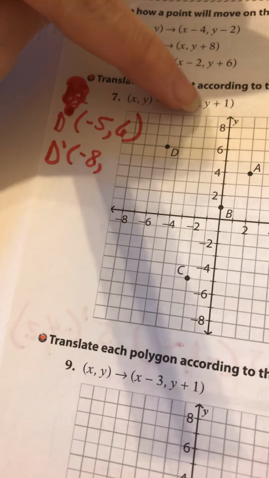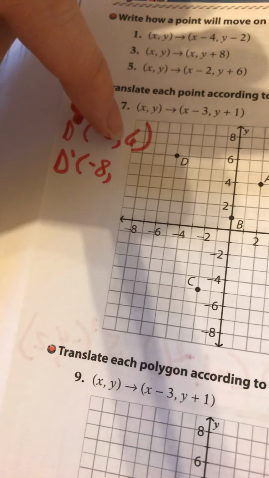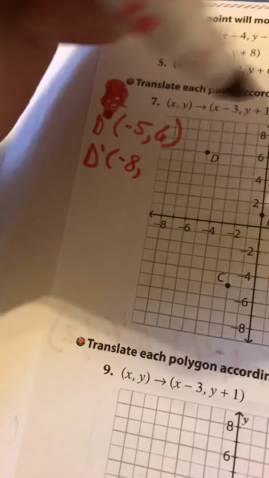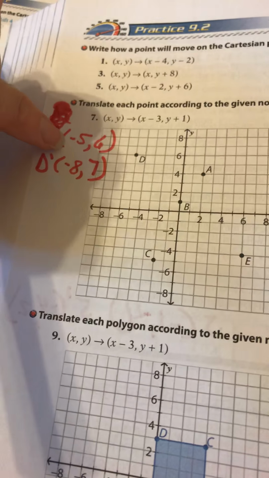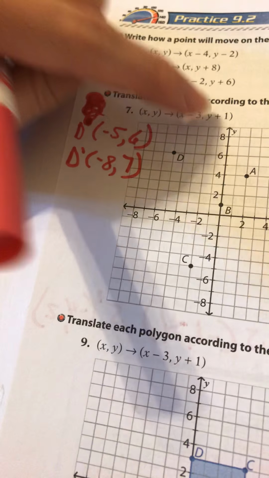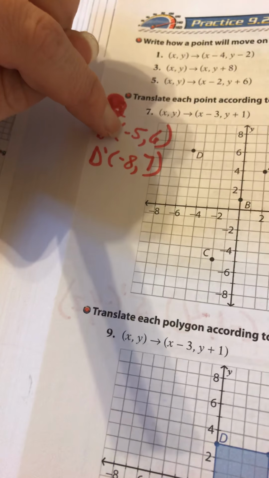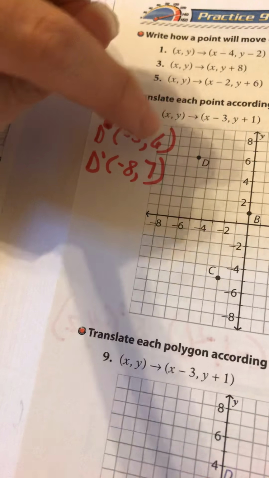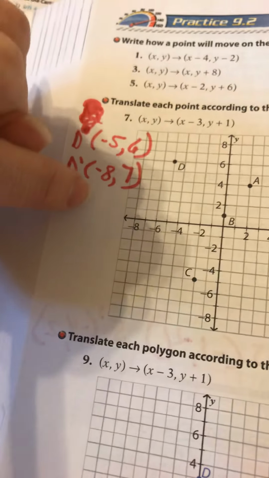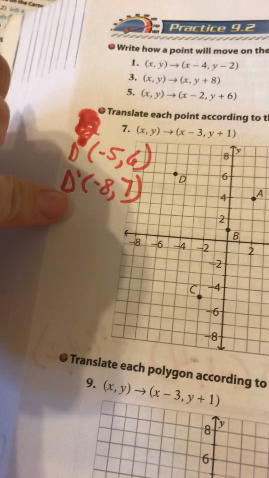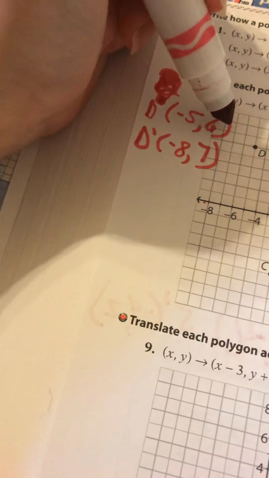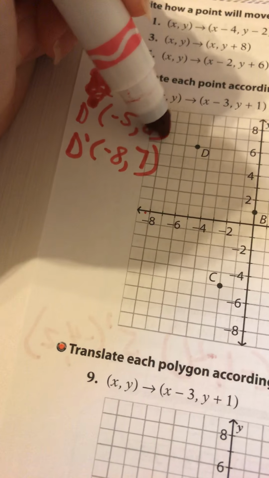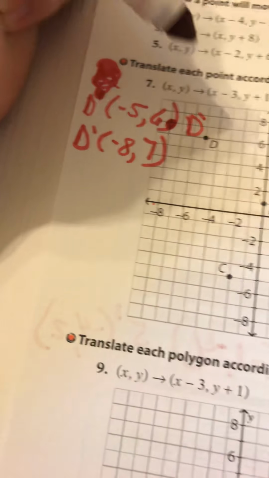And then we have Y plus 1, so 6 plus 1, which is 7, because I am just plugging in these numbers for X and Y. My first number is always X because X comes before Y. My second number is Y. So our new coordinate location is -8, +7. So we go over -8 and up 7. And that is D.